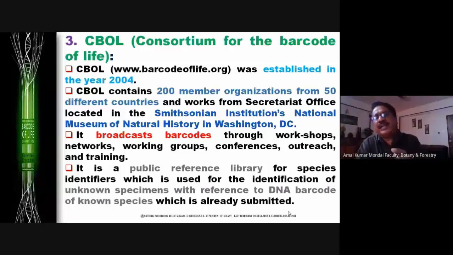It is a public reference library for species identification, which is used for the identification of unknown specimens with reference to DNA barcodes of known species, which are already submitted.